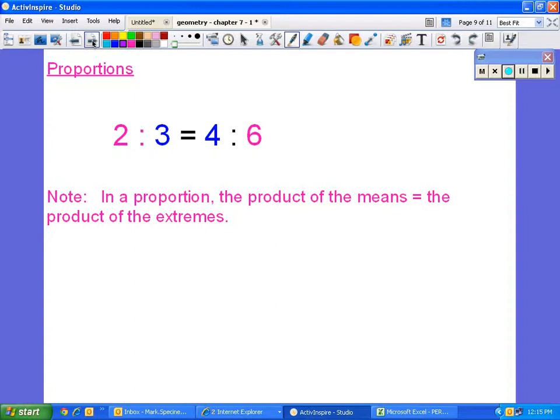Now, back in the vocabulary, we also had the extremes of the proportion and the means of the proportion. The extremes of the proportion are the outer terms. So these are the extremes. And then these two terms are the means. So again, the outer two terms are the extremes. The inner two terms are the means.